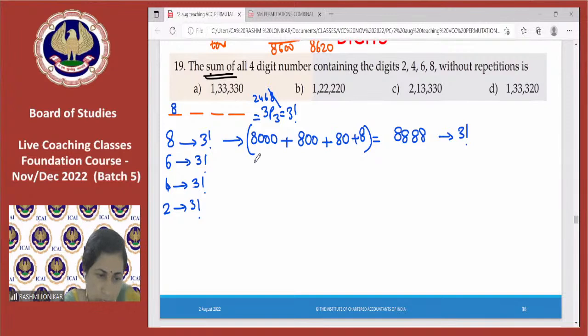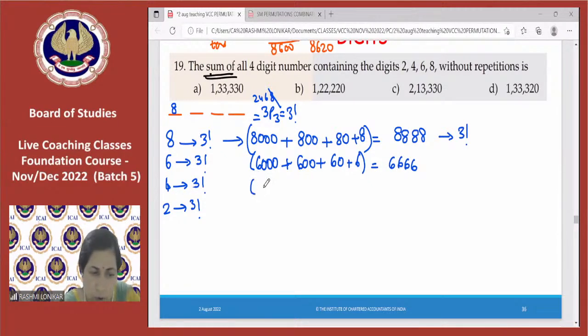So similarly for 6, if I put 6 in the thousand place, it will be 6,000. Then 6 in the hundred place, it is 600. 6 in the tens place, it is 60. And 6 in the unit place, so this is 6, 6, 6, 6.